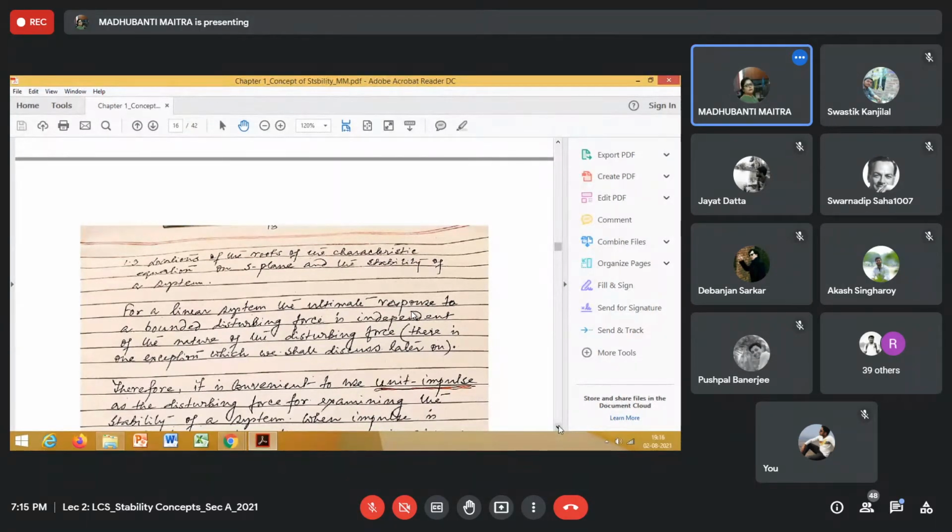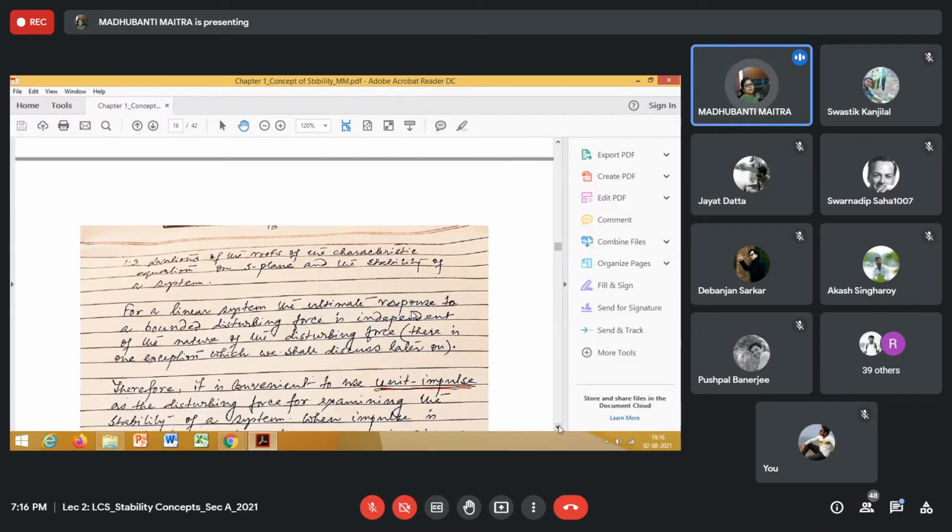And depending on the nature of the output response, if it's bounded, we classify the system to be a stable one. If the output response is not bounded, then we classify the system to be an unbounded one, so on and so forth. Isn't it? Yes, ma'am.